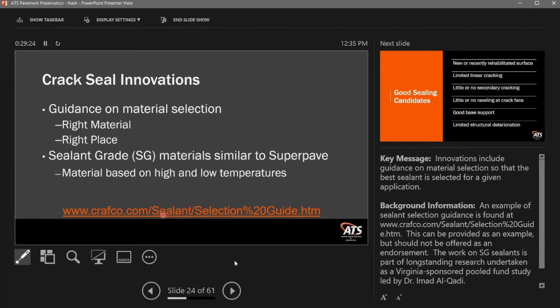For instance, we use a PG 67-22 in your asphalt. Well, this will have a sealant grade. And so this is to try and put that right material in the right place. So not only does the treatment have to be in the right place at the right time, it has to have the right material as well.